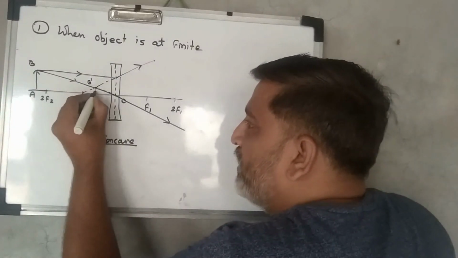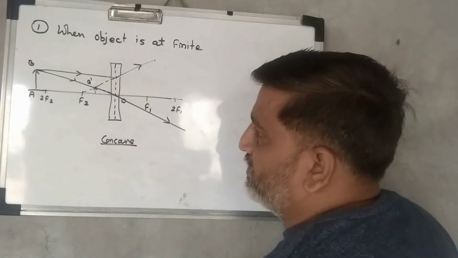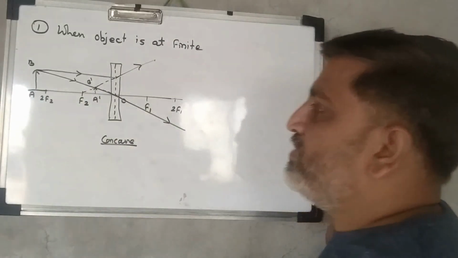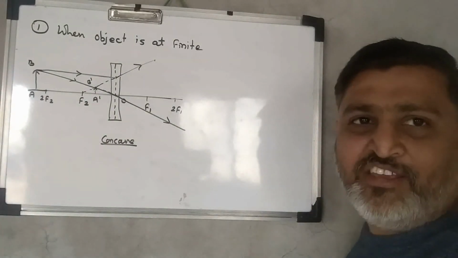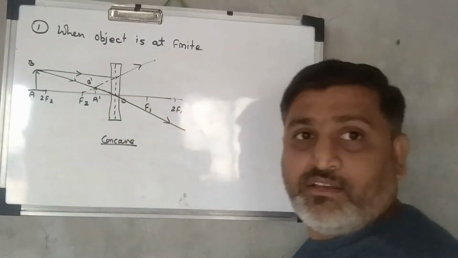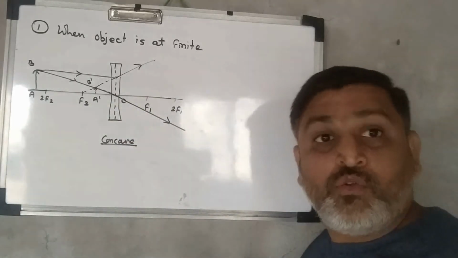Now here you find this image between the optical center and the focus. I can say it is the image formed within the focal length. Okay, so wherever the object is, you find that the image is formed between the optical center and the focus only.